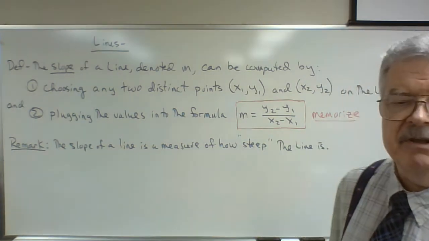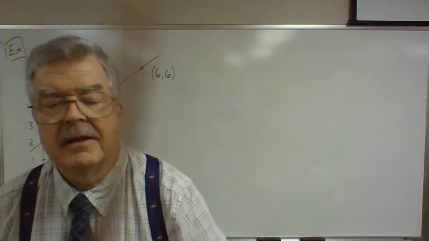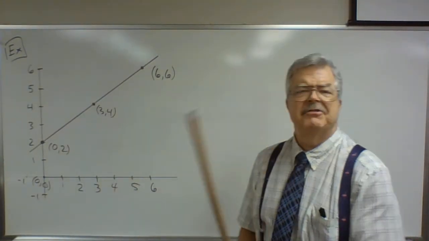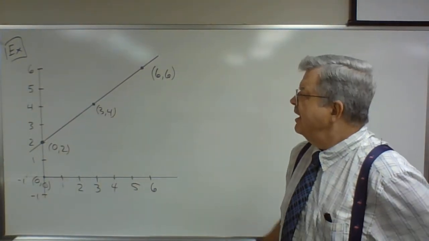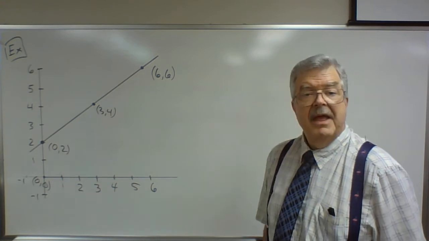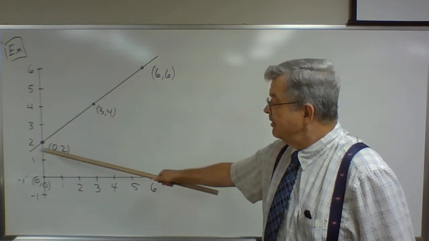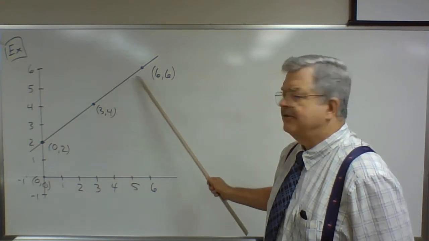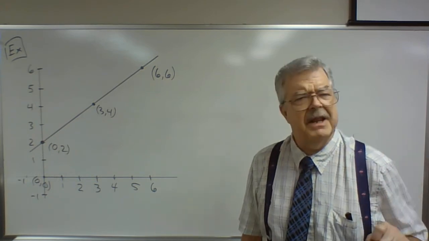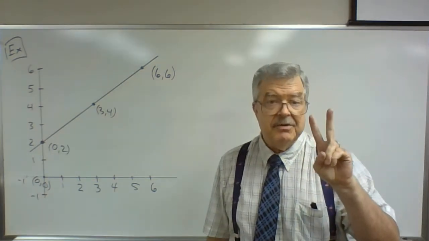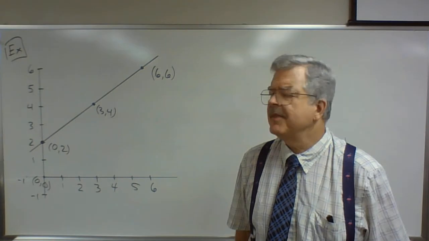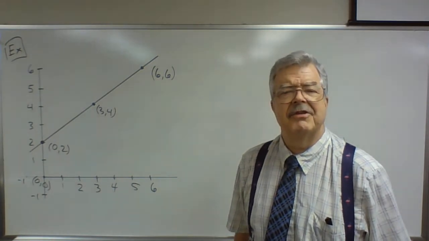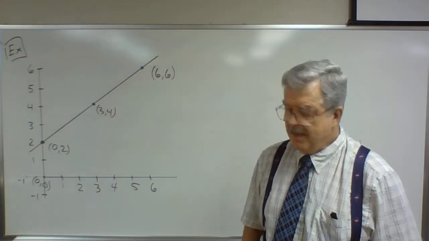Now, let's do some examples. Okay, let's do an example. Here's a line, and I've picked 3 distinct points on the line. I don't need that many. I just need 2 distinct points on the line. But just for the sake of example, I'll take 3.